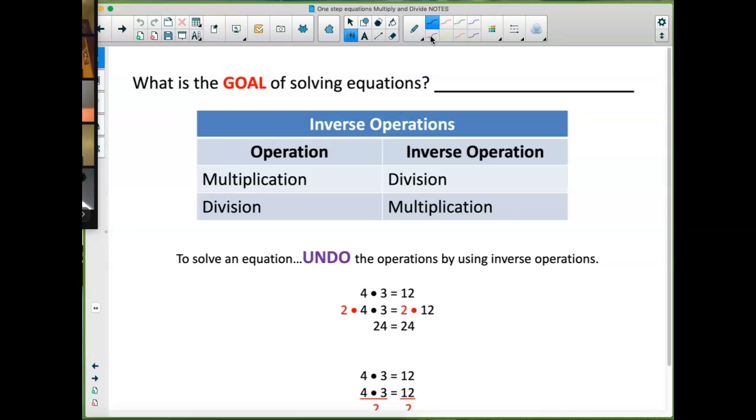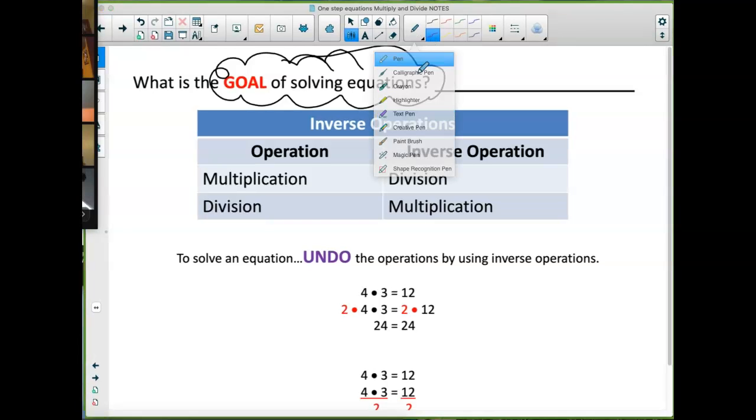Okay, in your notes, I want you to write goal of solving equations. Okay, does anybody remember from Tuesday what the goal of solving an equation is?